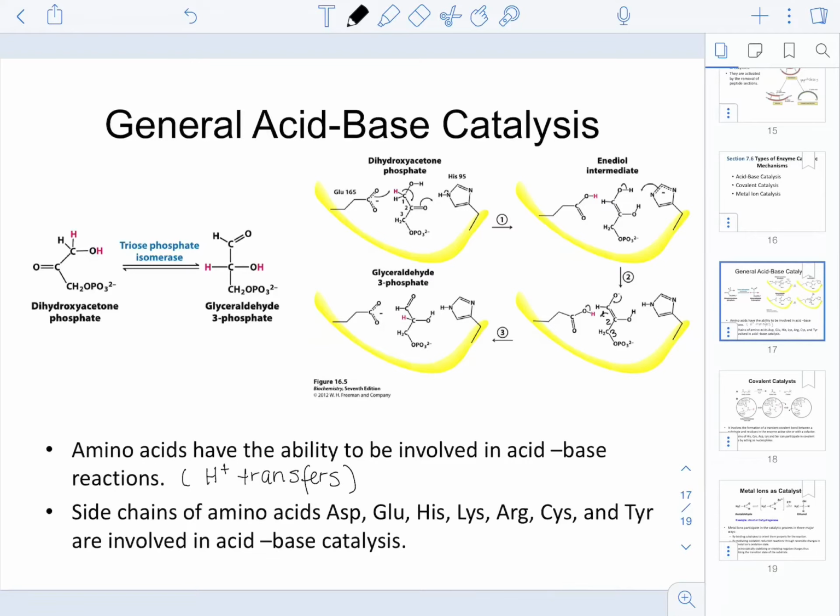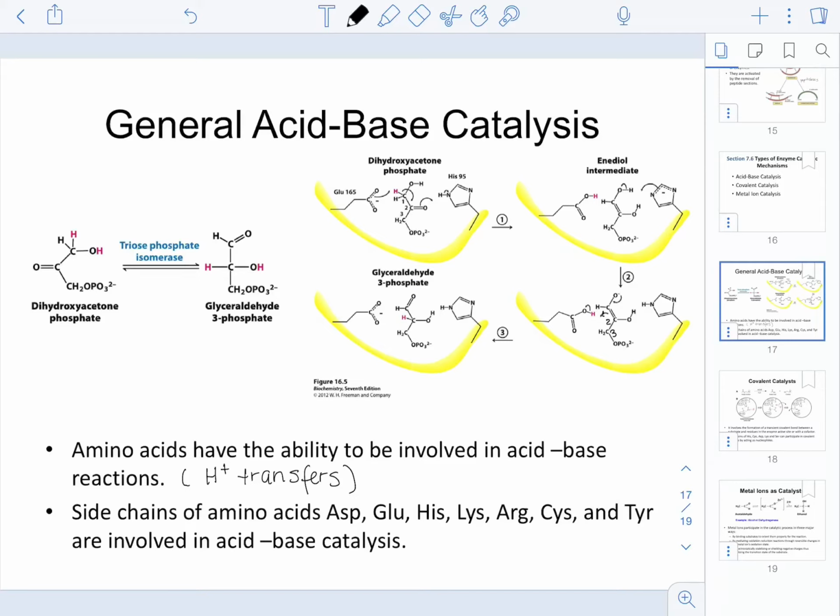The side chains of amino acids that are present in these active sites more often are going to be aspartic acid, glutamic acid, histidine, lysine, arginine, cysteine, tyrosine.